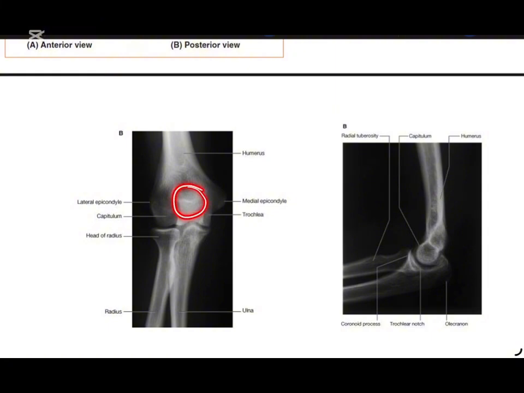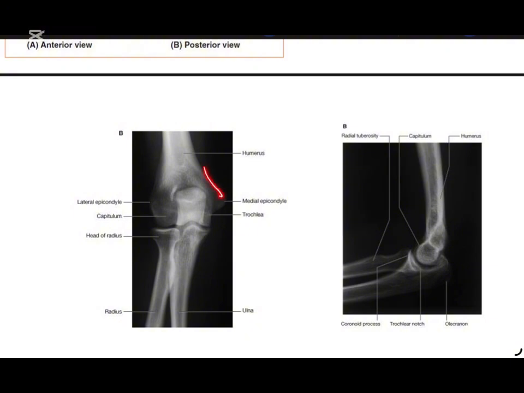So this side, which side is it? Is it medial or lateral? Lateral. How did you know it's lateral? From the radius. The radius, we said, is the lateral bone. So if I tell you this area, what is this? Lateral epicondyle. Is there an important structure at this part?